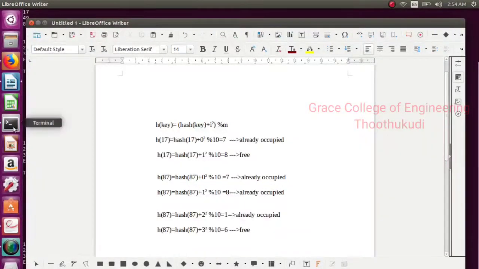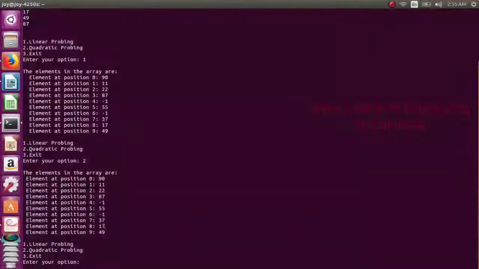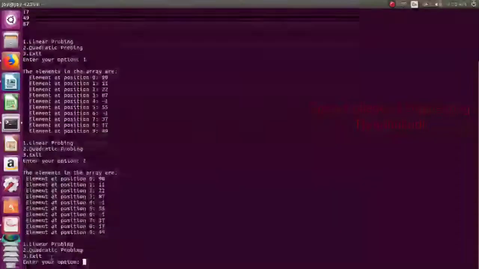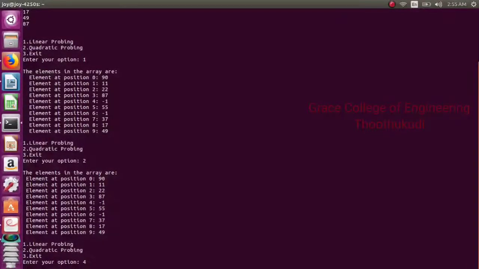From 17 you move 6 positions ahead: 9, 0, 1, 2, 3. So at position 3 you place the element 87. This is the quadratic probing method. So these two are the collision resolution techniques. Thank you.